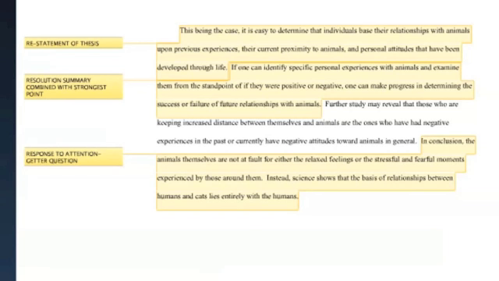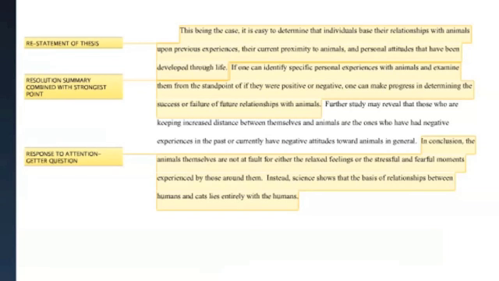At the end here, it is a 2-sentence long response to the attention getter question, where we talked about what makes the cats appear cuddly and adorable to some while terrifying to others. And we always have the great transition phrase of in conclusion, letting the reader know that you're getting to the end. It reads, in conclusion, the animals themselves are not at fault for either the relaxed feelings or the stressful and fearful moments experienced by those around them.